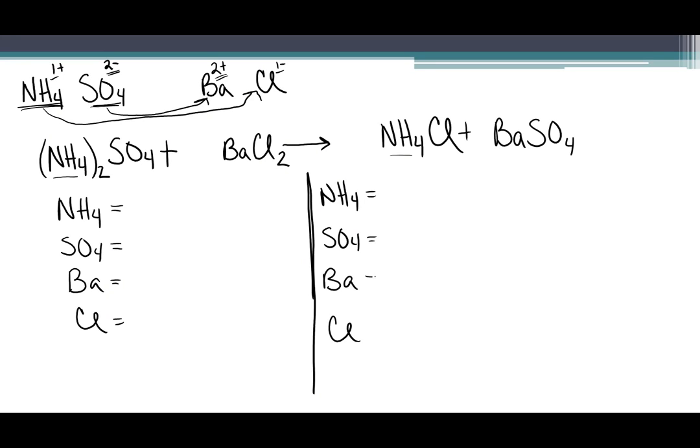So now I have 4 things to keep track of instead of 6. All right, so on the reactant side, I've got 2 ammonium, 1 sulfate, 1 barium, 2 chlorides. On the product side, I have 1 of everything. So ammonium is not balanced, but if I put a coefficient of 2 right here, that's going to change ammonium to 2. That's going to change chlorine to 2. And boom, that balances our equation. So we must have 2 of those molecules that form when this takes place.